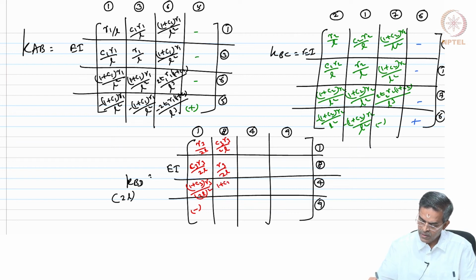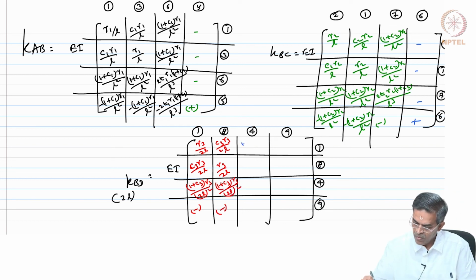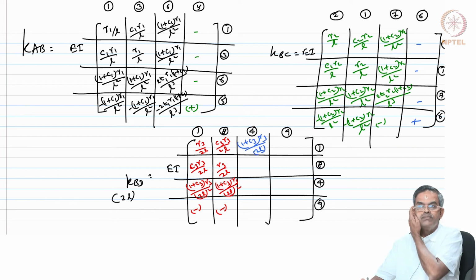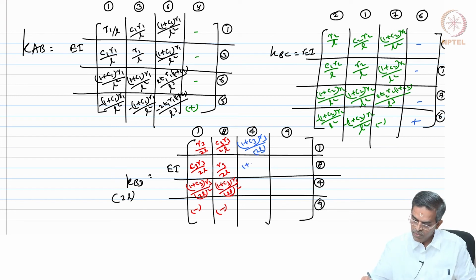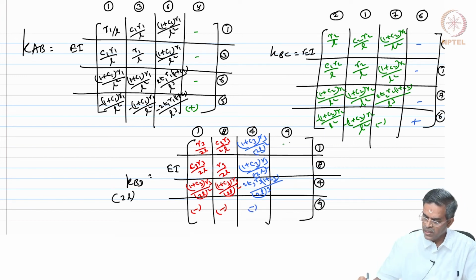So, 1 plus C3 of R3 by 2L, the whole square, negative of this. So, this will be 1 plus C3 R3 by 2L, 1 plus C3 R3 by 2L. This is going to be 2 times of T3 R3, 1 plus C3 by 2L, the whole cube. This is square, is it not? And this is negative of this. The last column of course is negative of the third column.